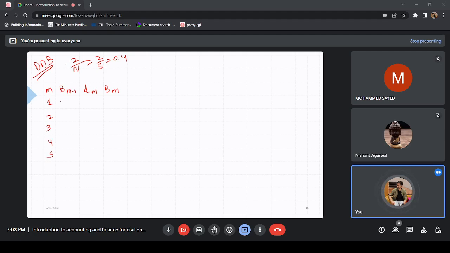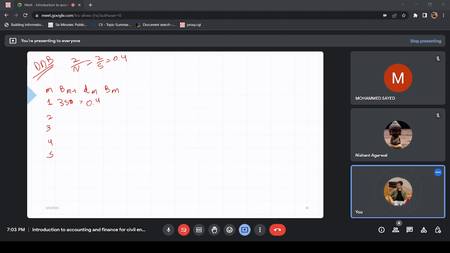Here it would be 350. Depreciation is 0.4 times of this value, right or wrong?